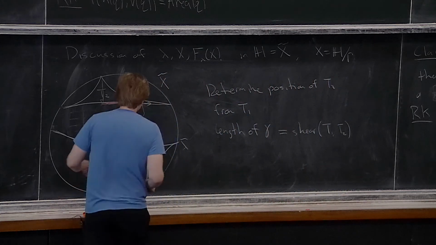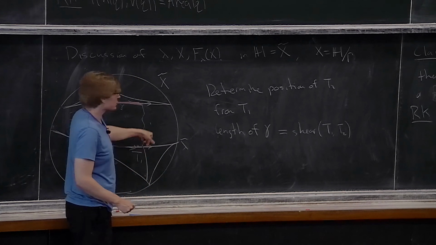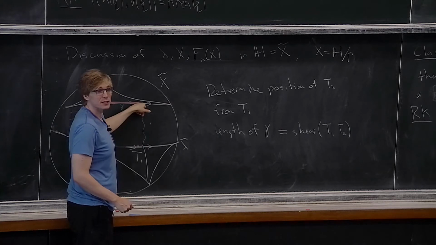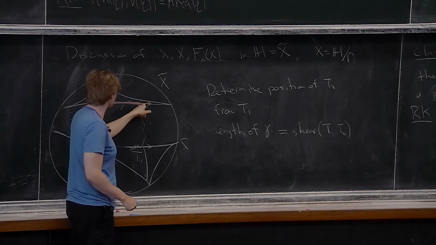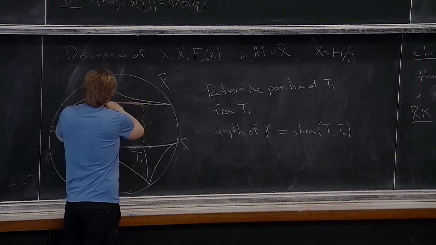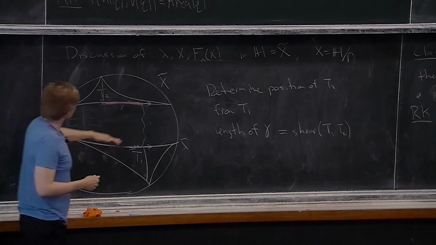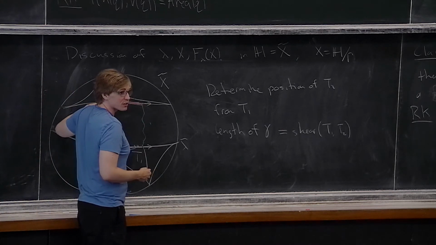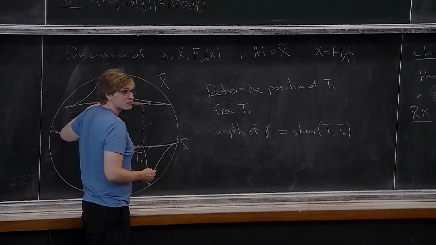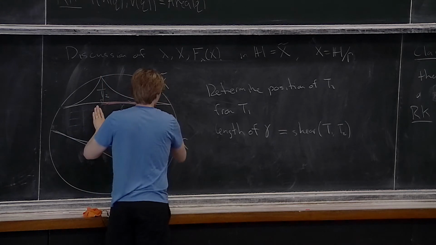So to get the shear, you start at the center of T1, follow a leaf of the transverse foliation, and get to here. Then you also draw an arc and see what the distance is to the center of that edge. This vector plus this shear determines T2. Let's call this vector W naught, and that W.